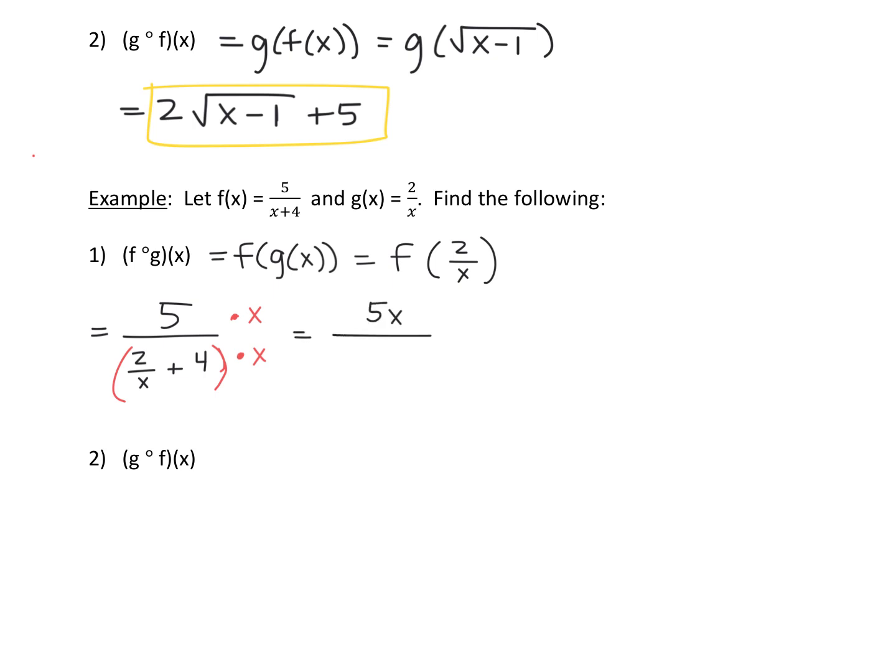The whole point is to get rid of the second fraction that you have. 2 over x times x would be 2x over x, so that would cancel that one out. You just add 2. But this guy you're distributing into that, so it's also getting multiplied by 4. So 2 plus 4x. And that is as far as it goes. You cannot cancel out the x's because 2 doesn't have an x. Don't do anything crazy like that, please.